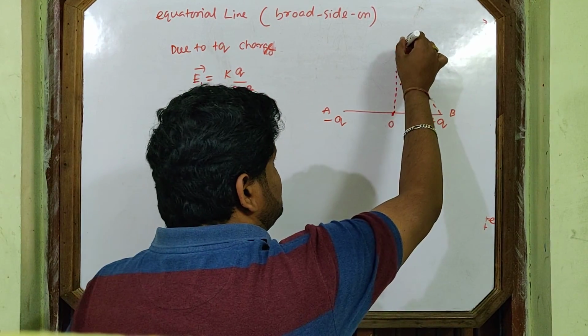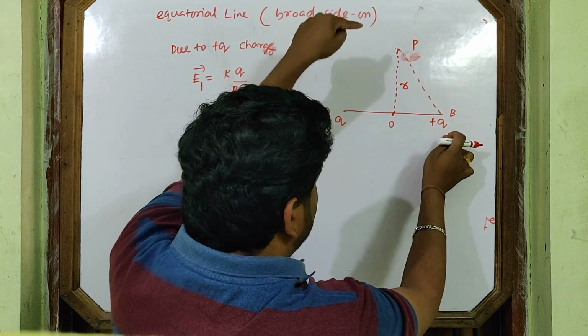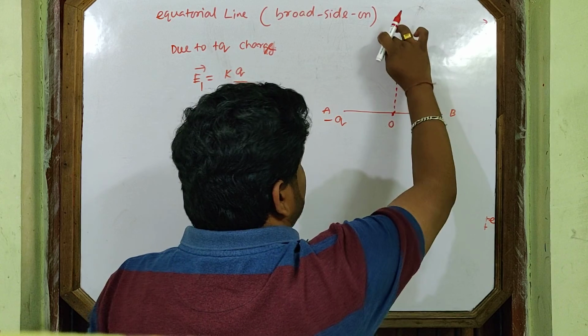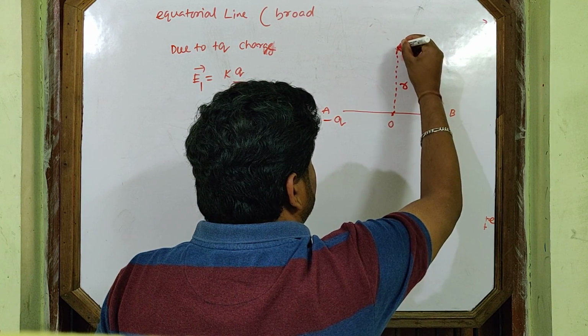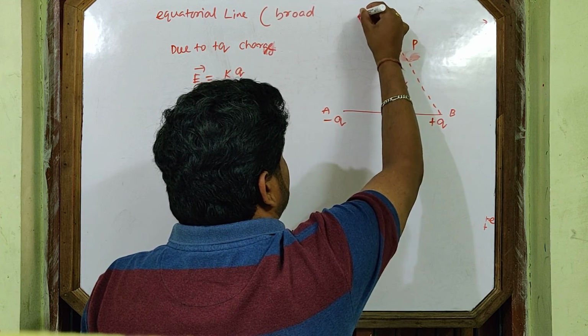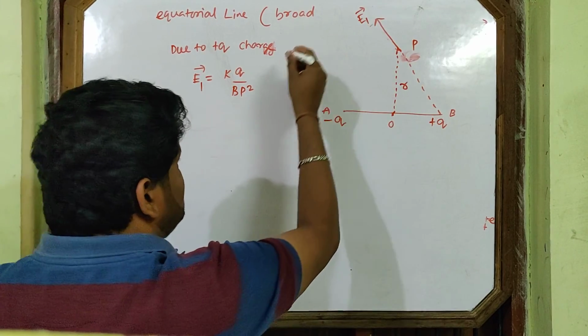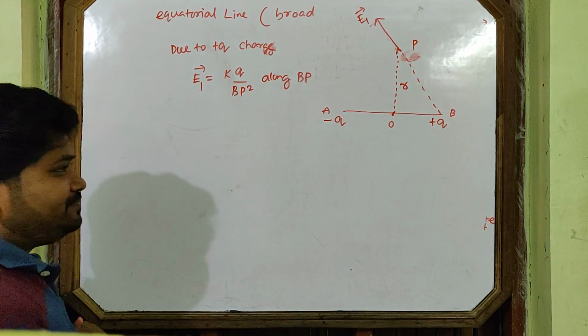And the direction: as it is a positive charge, the direction will be away. So see here, this is the direction of E1 vector.